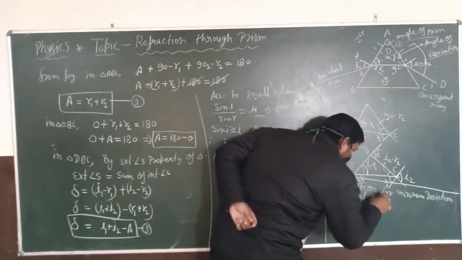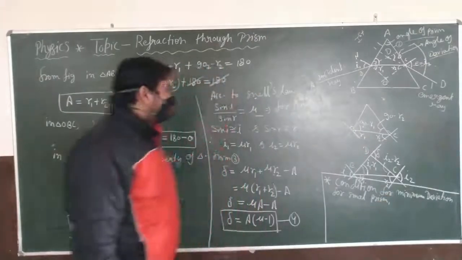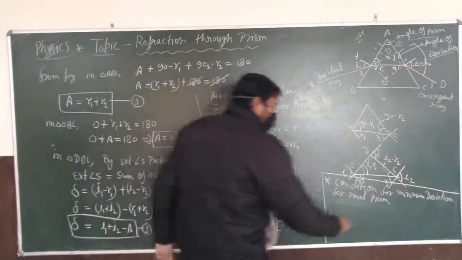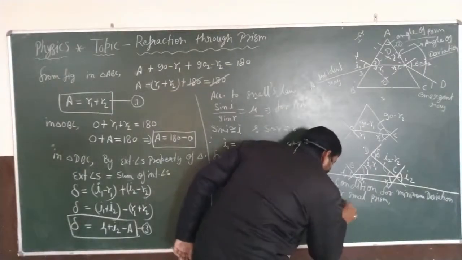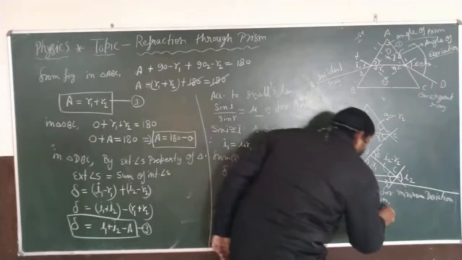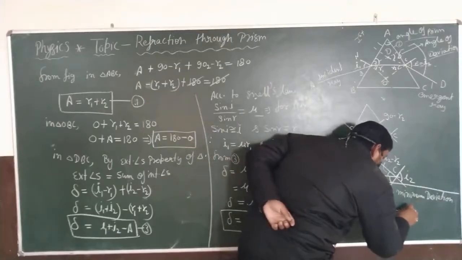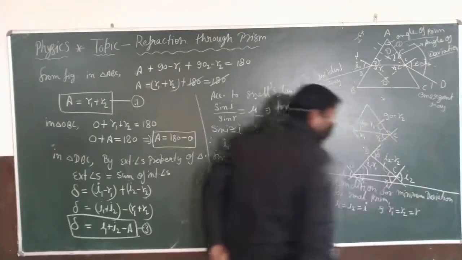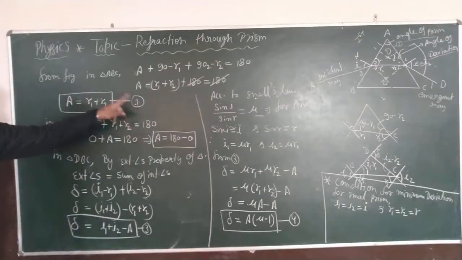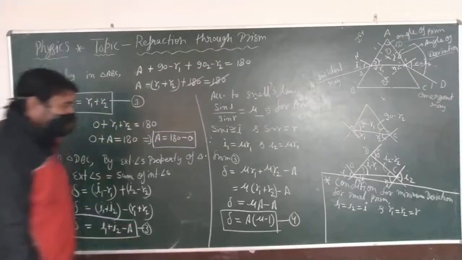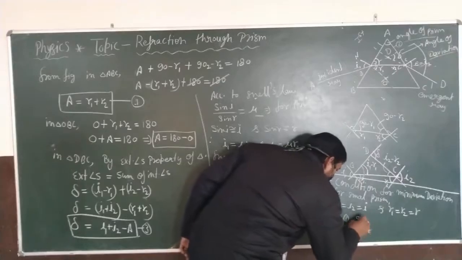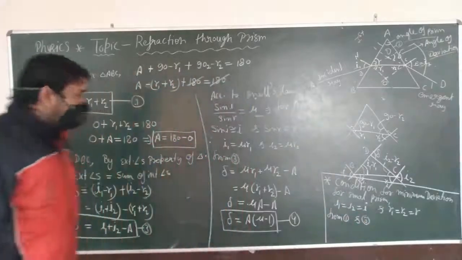For a small prism, I1 equal to I2 equal to I, and R1 equal to R2 equal to R. Okay, now from equation first and equation third, what we get?